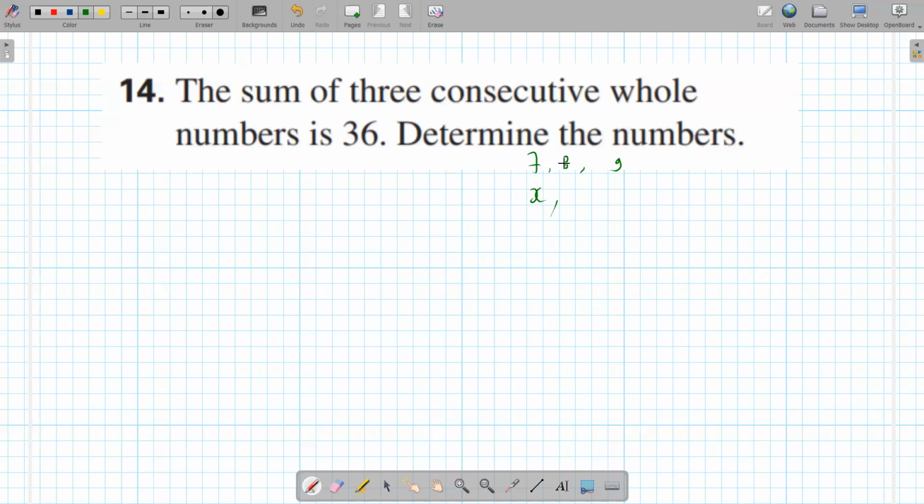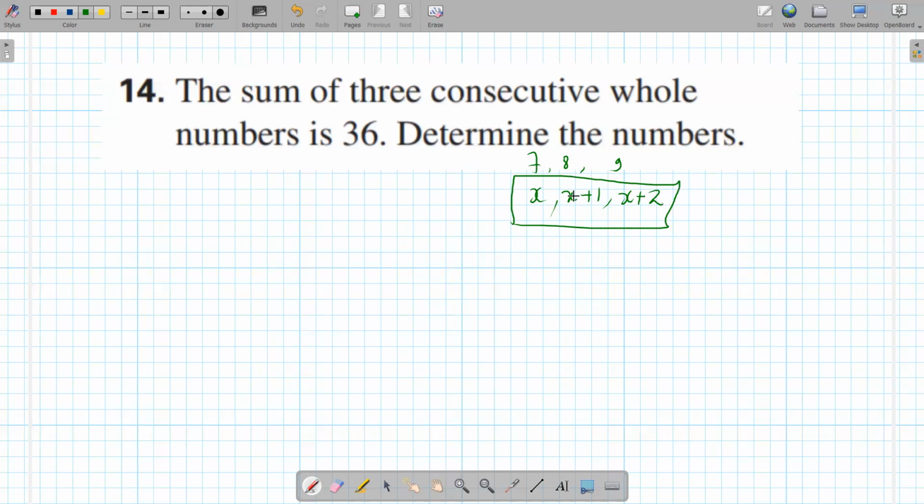What do we do to 7 to get 8? You just add 1. Yeah, so in terms of x, what would that be? X plus 1. Okay, now what would be the next number in terms of x? X plus 2. Yeah, there we go. So those are our three numbers in terms of x.